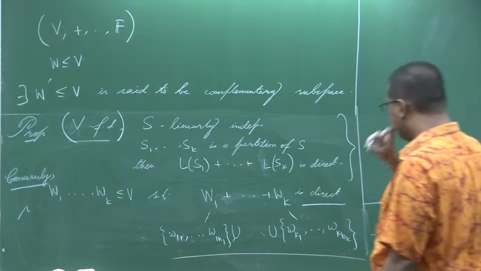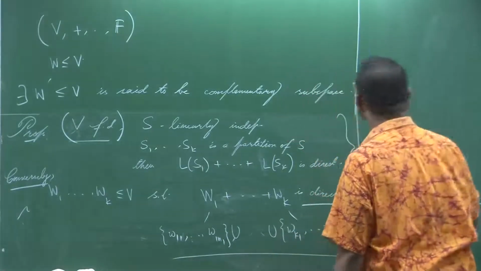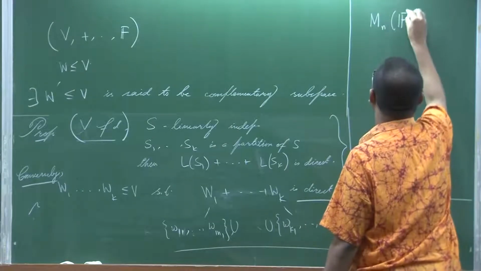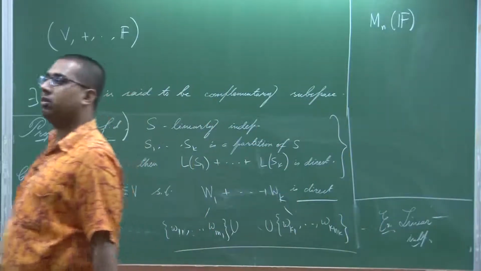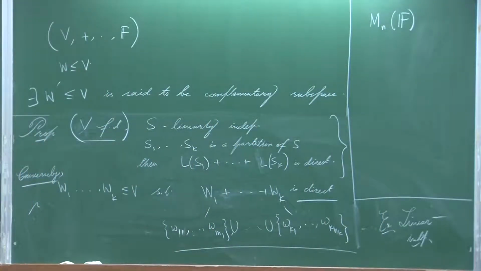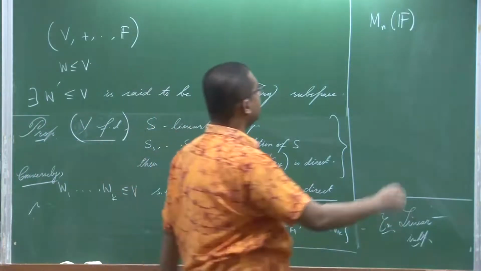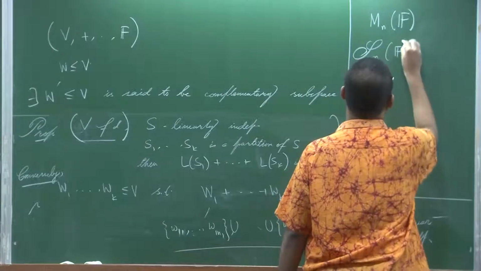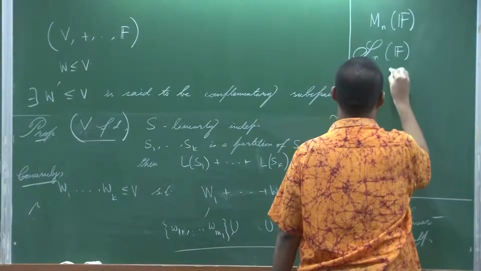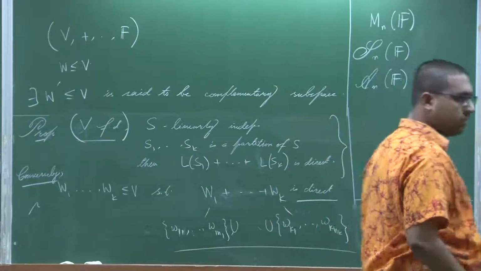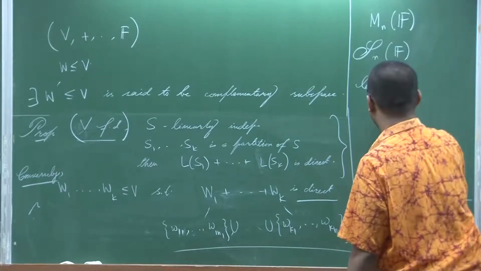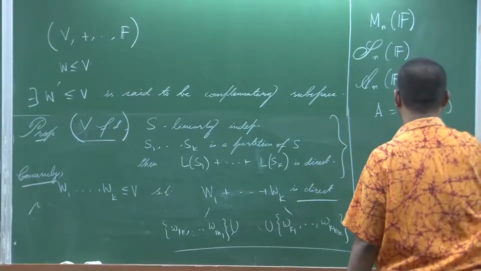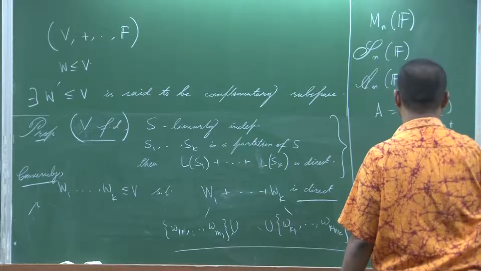For example, this is a nice one. Remember, MnF is a vector space over F. We have two further subspaces. One is the subspace of symmetric matrices, and there are skew symmetric matrices. Given a matrix A, it can be written as (A plus A transpose) by 2 plus (A minus A transpose) by 2.